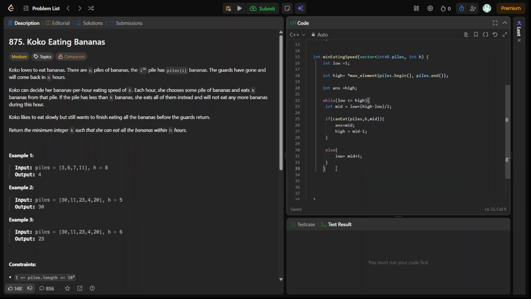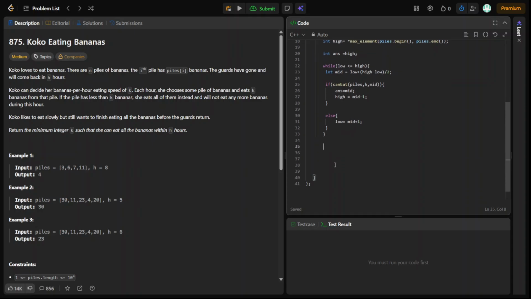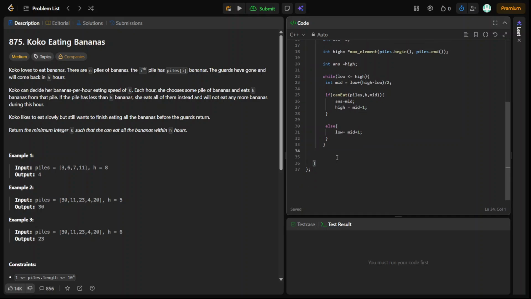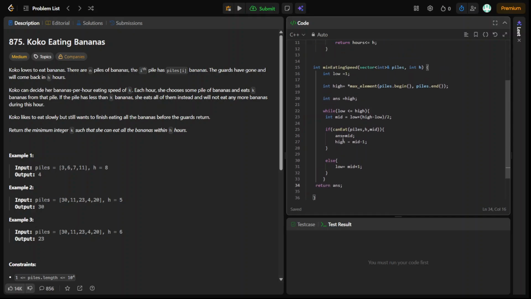And in the last, after the loop is completed, wherever the answer is pointing, we can return the answer. Like at the last it was 4, so we return that. So that was basically the code.